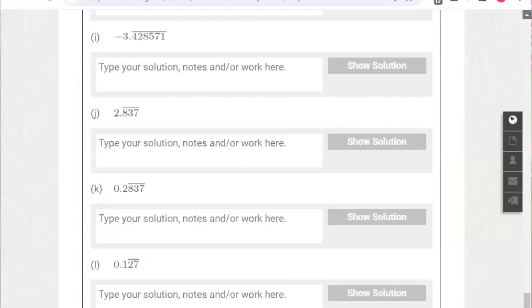Agreed. So what's your x equal to? And what would you do to reduce? Divide the numerator and denominator by 9, I guess. Yes. And you know what? They divide by 9 and they divide by 5.